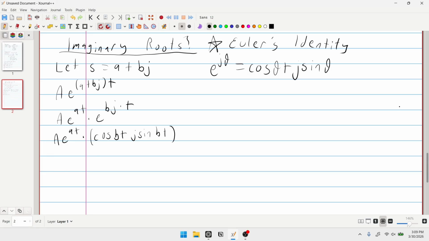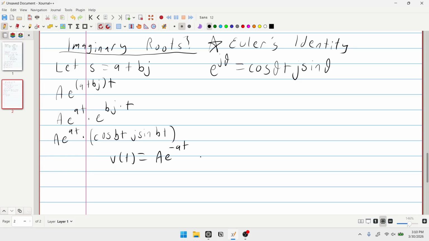So if we continue the math here, if we do it for the other root, then we would get the form v of t equals a e^(-at) cosine bt plus b e^(-at) sine bt.